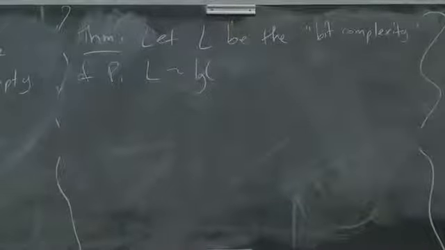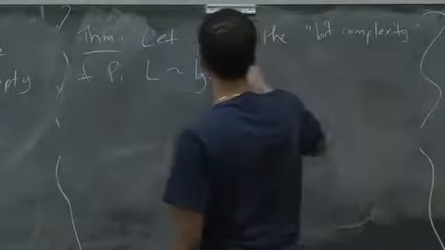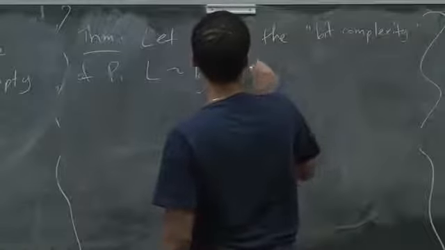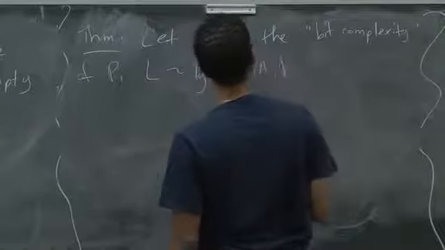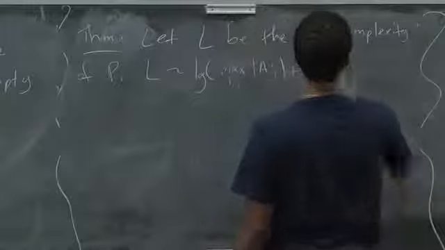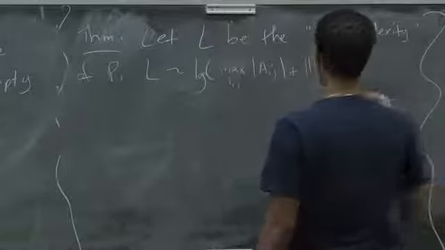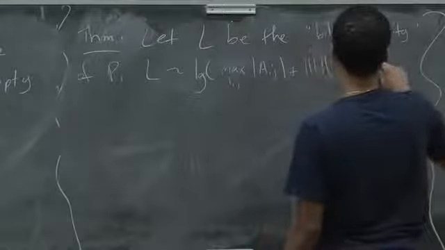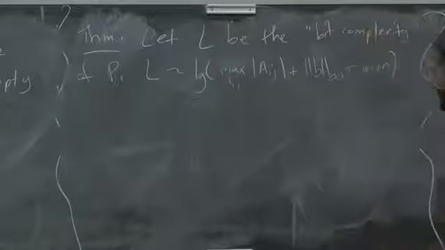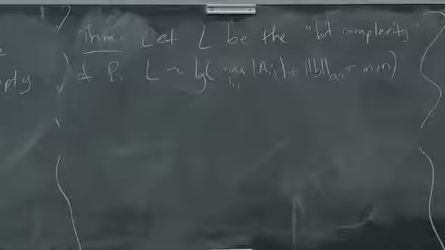AX is at most B, I think. Max over ij of aij plus, let's say, the largest entry in B, plus let's say, M plus N.